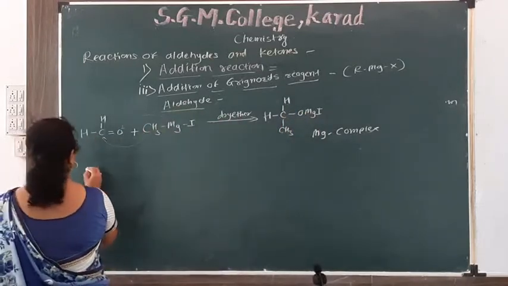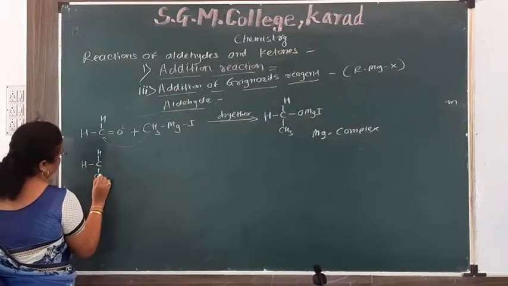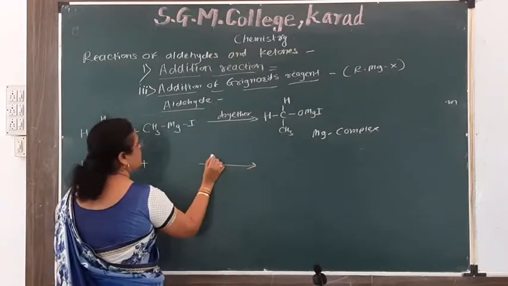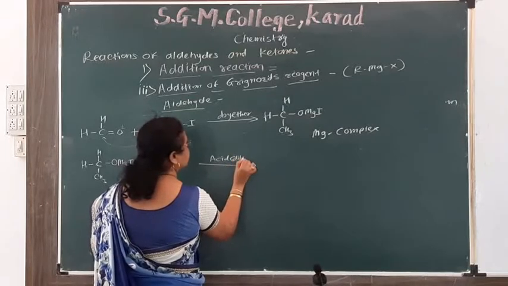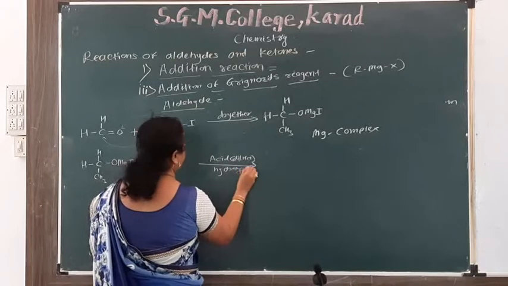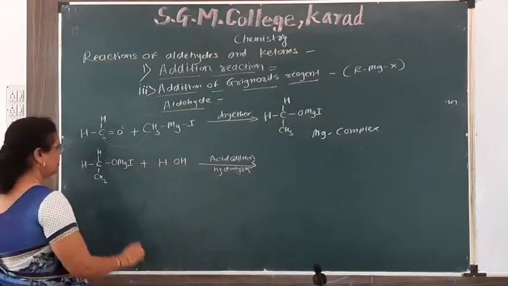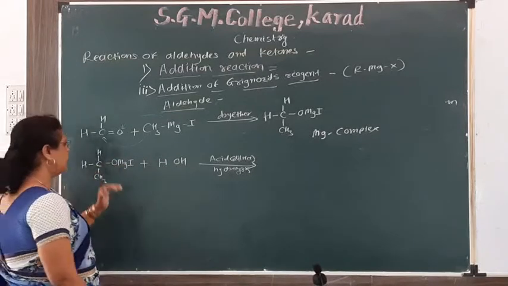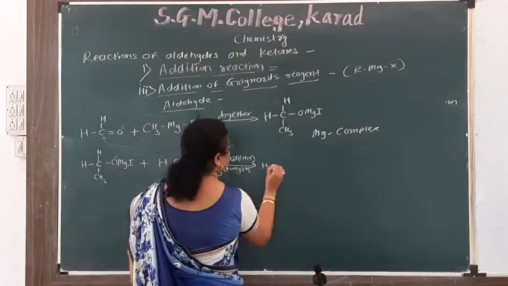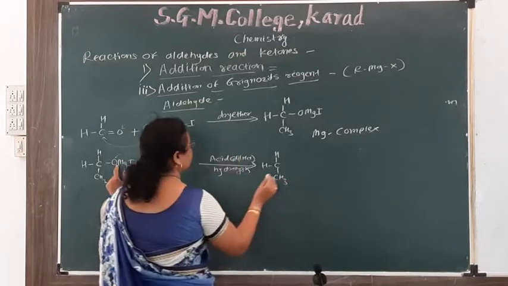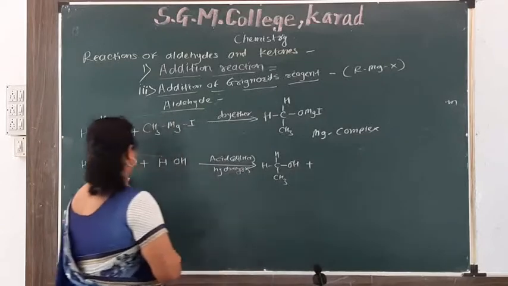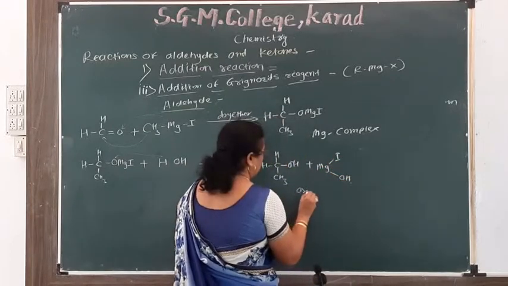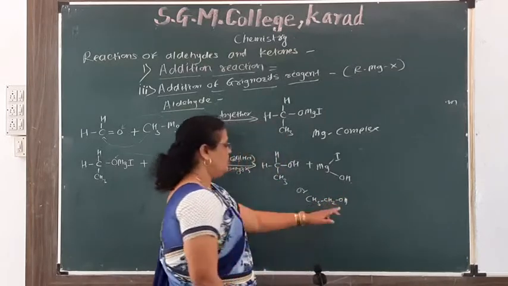Then this magnesium complex, HCH(OMgI)CH3, on acid hydrolysis, in presence of an acid like dilute HCl, undergoes hydrolysis. The O and MgI are replaced so that we get the OH group, and the product is HCH(OH)CH3 plus MgI(OH), that is CH3CH2OH, ethyl alcohol.